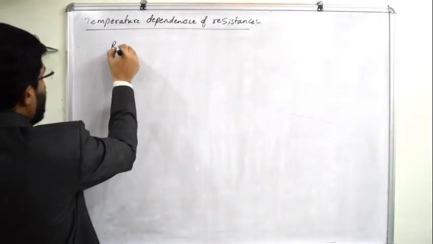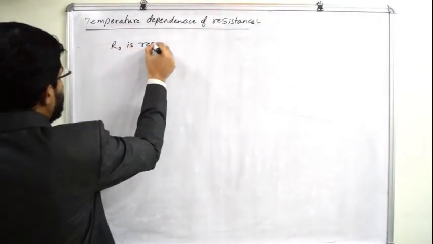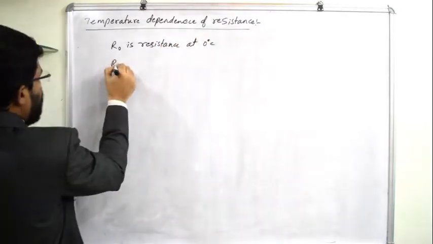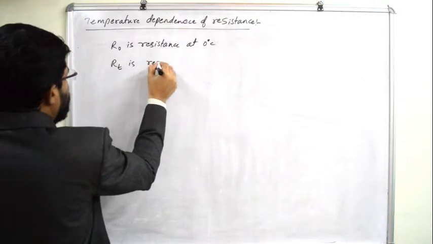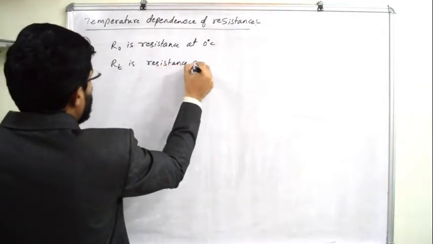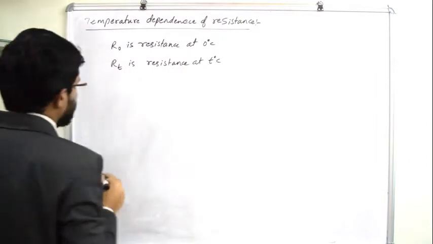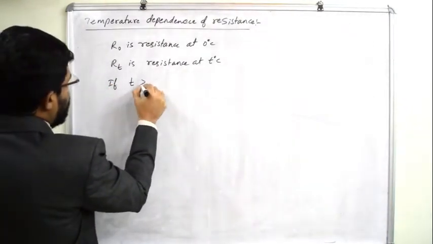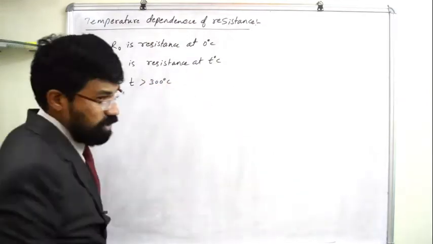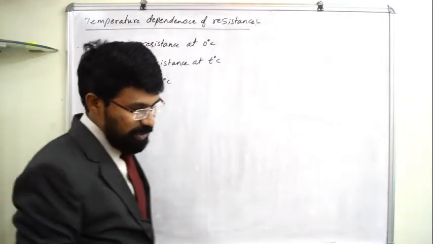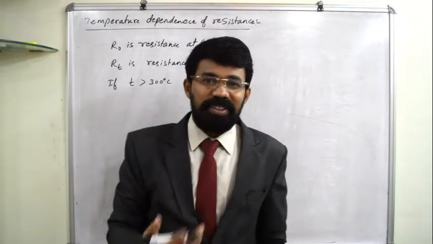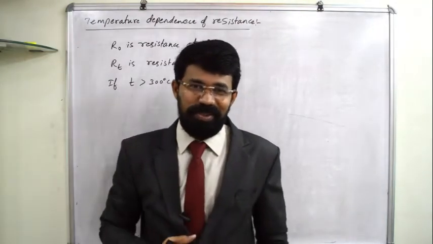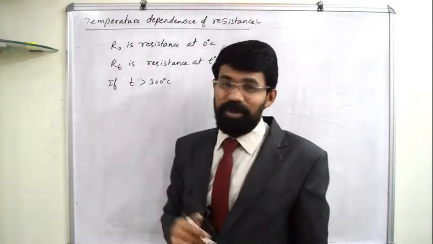I'll assume that R naught is the resistance at 0 degrees Celsius and RT is the resistance at T degrees Celsius. Now, if T is greater than 300 degrees Celsius, see, why are we so interested in 300? These kinds of conclusions are drawn after making several experimental observations, so this is a number that can be taken as a reference.